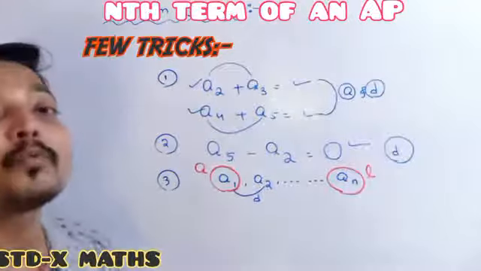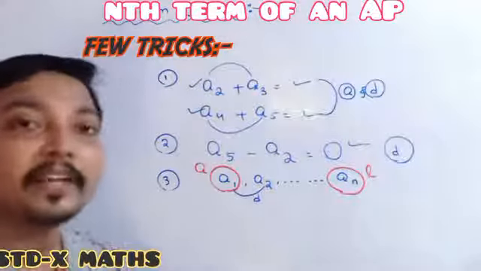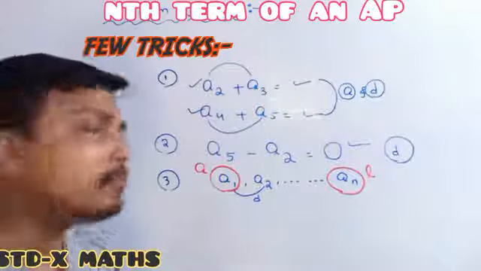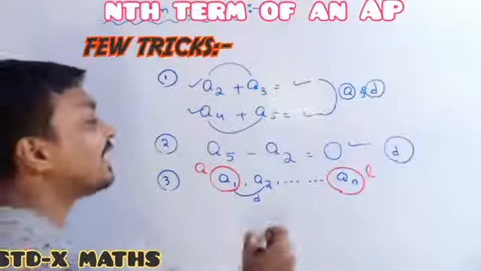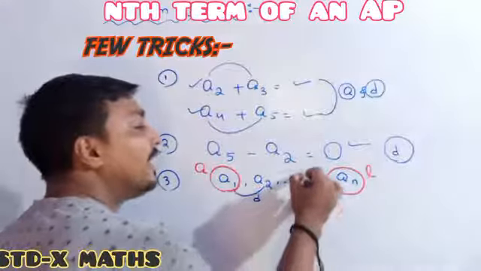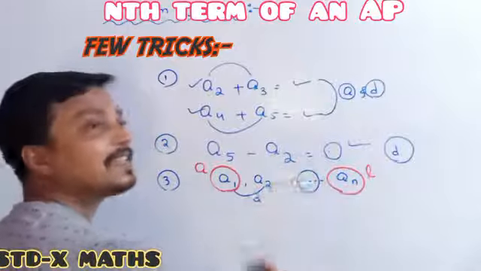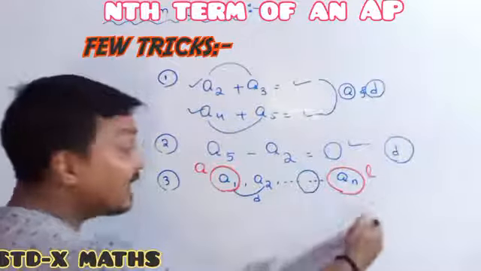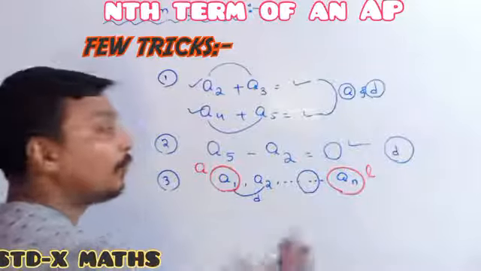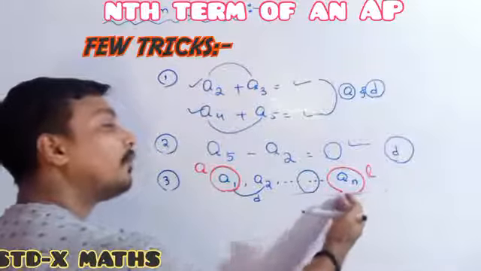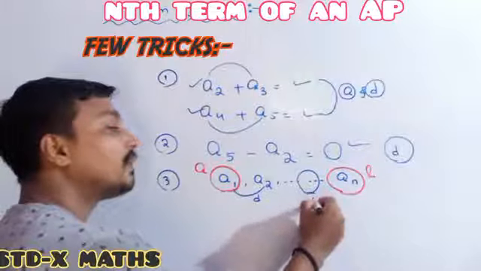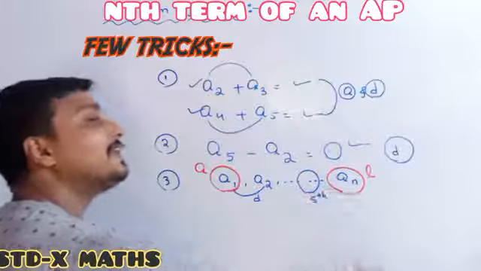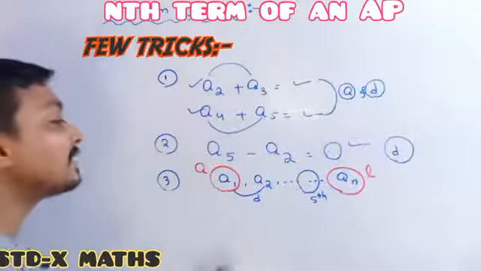Whenever the questioner has asked, one interesting thing that comes many times is that you may be asked to find any term from the right side. Suppose find the fifth term from the right side, not the left side.